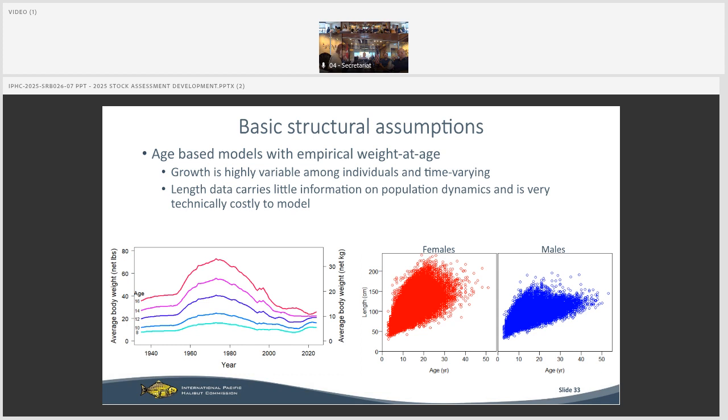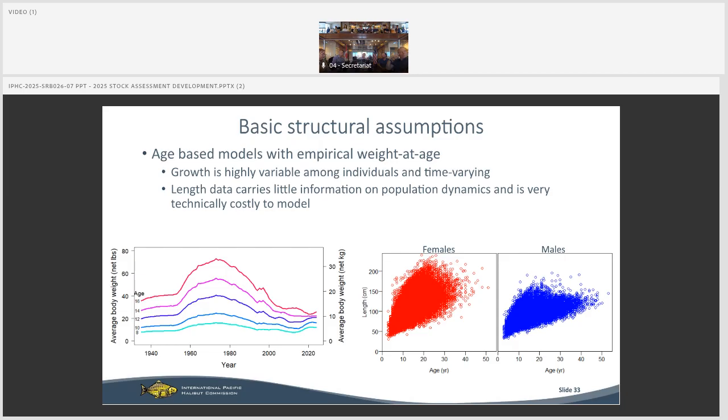So this is the basic rationale for going with an empirical weighted age model versus a growth process type model. What it does mean, an important consideration though, is that because we have a minimum size limit, and because there probably are some length-based selectivity aspects, it means that we have to deal with time-varying selectivity.